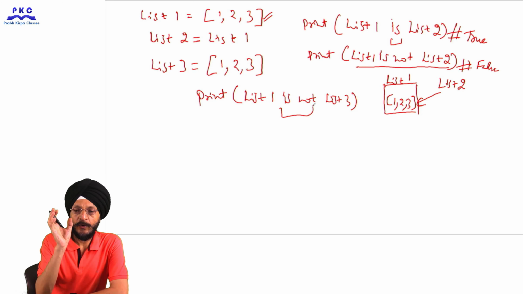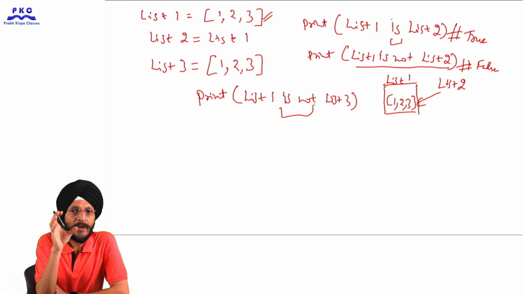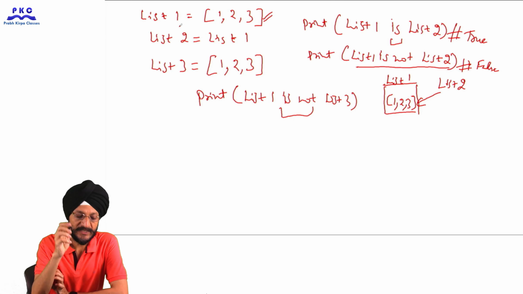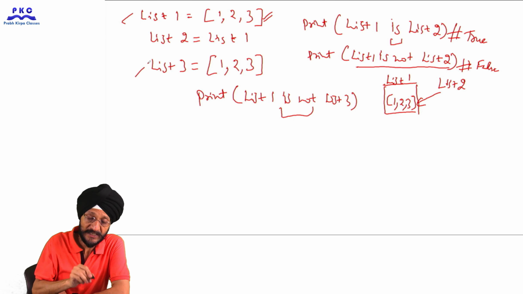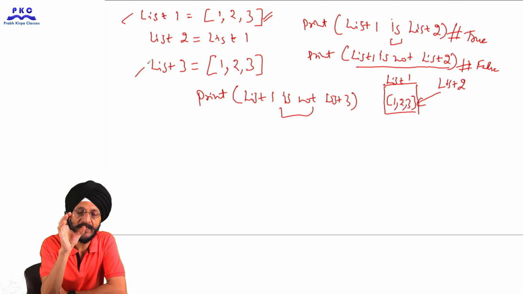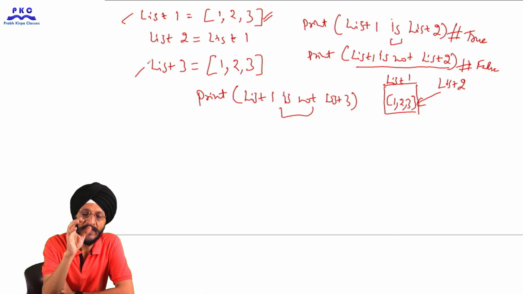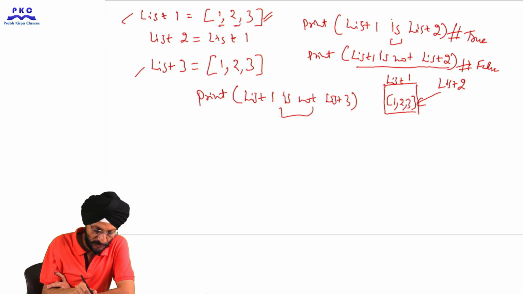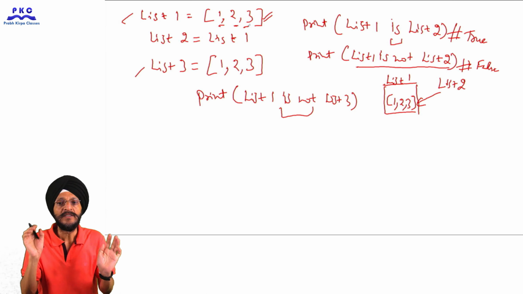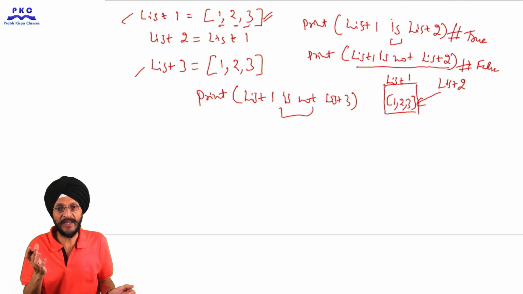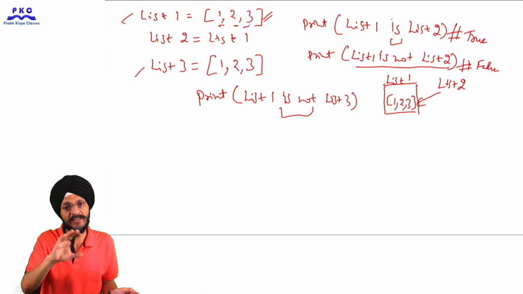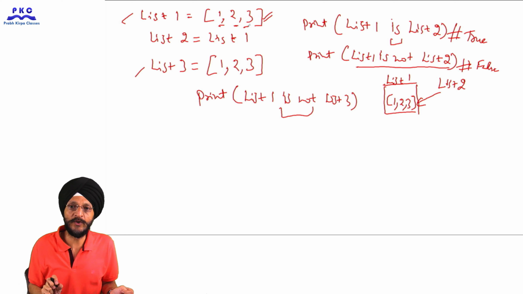On a casual approach, we will find that in case of list 1 and list 3, the information contained is the same. Both contain 1, 2, 3 in square brackets. So we can say that list 1 and list 3 are the same. But it is not true.